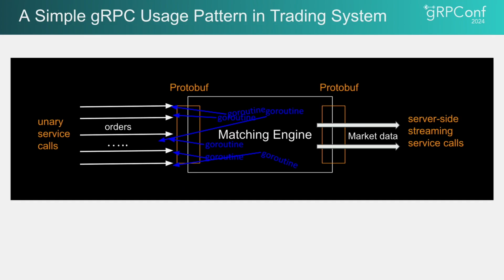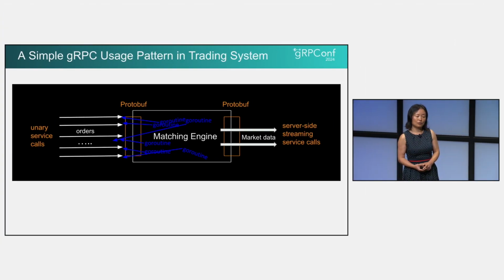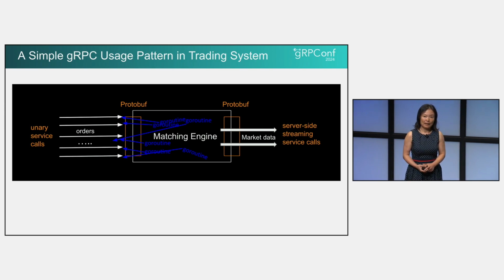Here's an example of a simple gRPC usage pattern in trading systems. In fact, it was the model in place before our enhancement work. In this model, an order request arrives as a unary service call, prompting the creation of a separate server-side Go routine to handle the request.